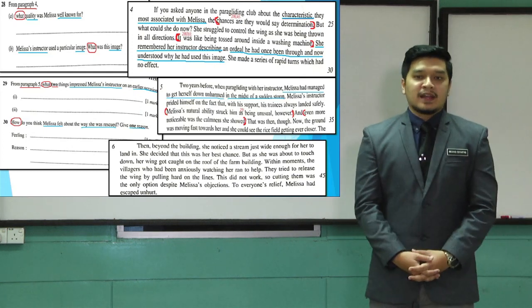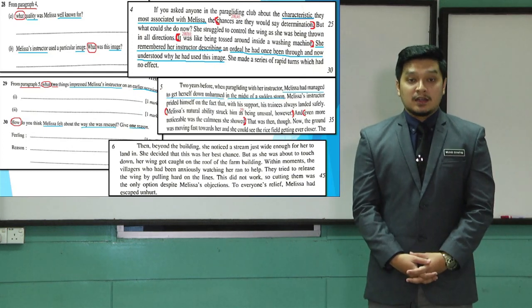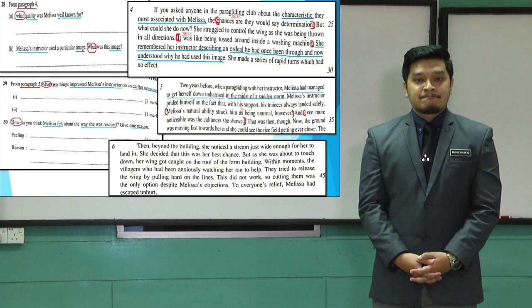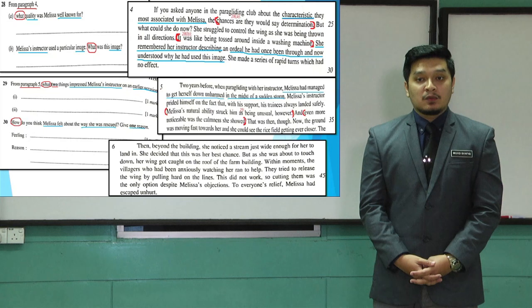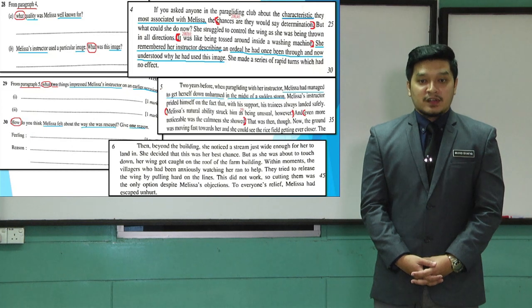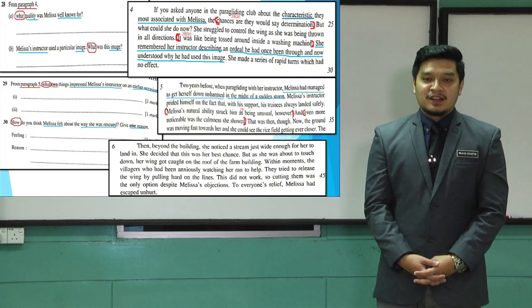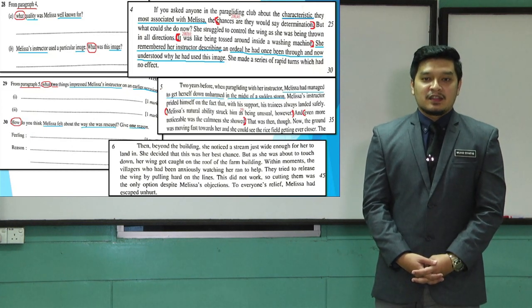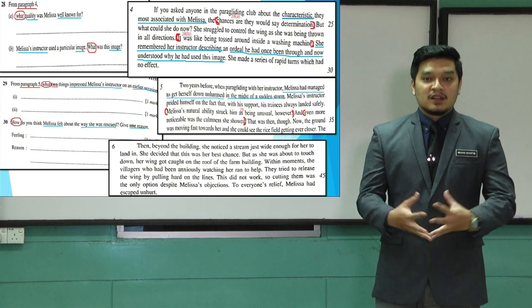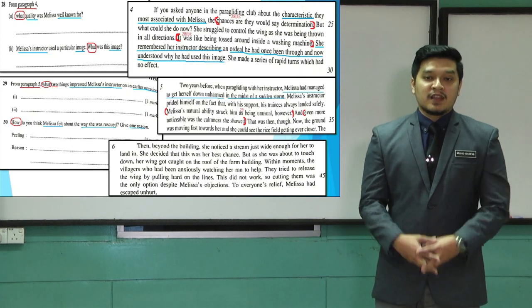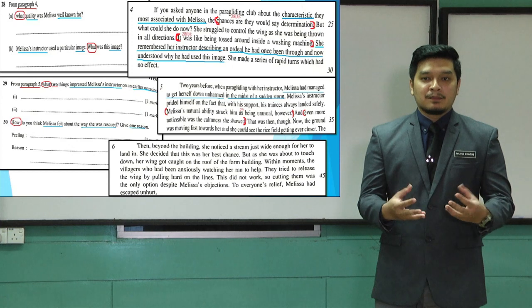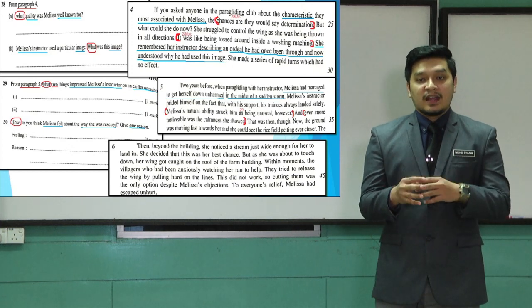It was like being tossed around inside a washing machine. Okay, she remembered her instructor describing an ordeal he had once been through and now understood why he had used this image. So we know that the instructor had used this image, some image, to share with Melissa about an ordeal that the instructor had been through.